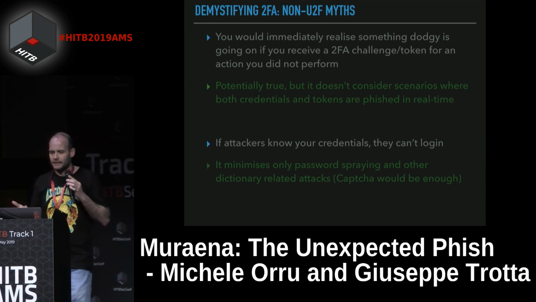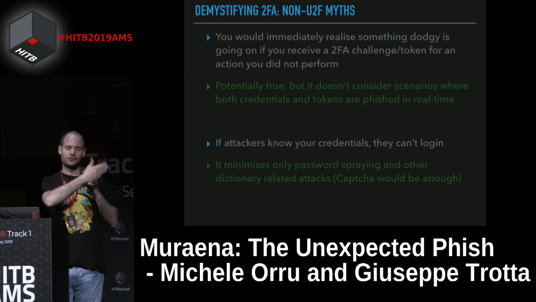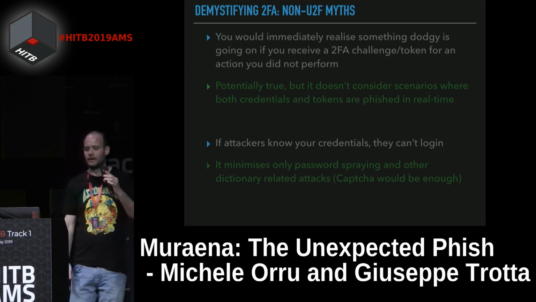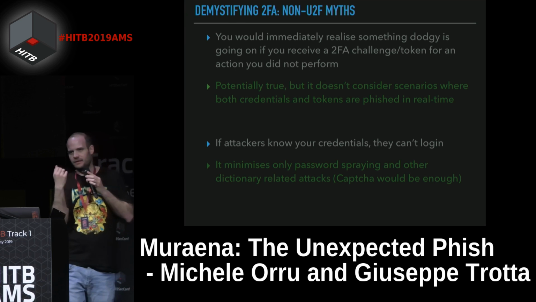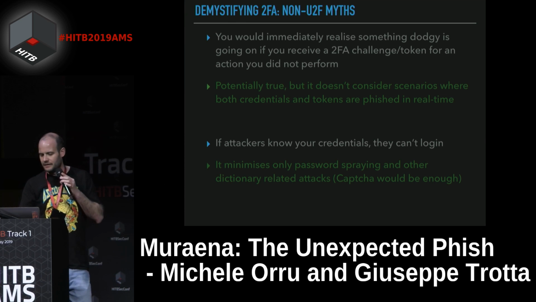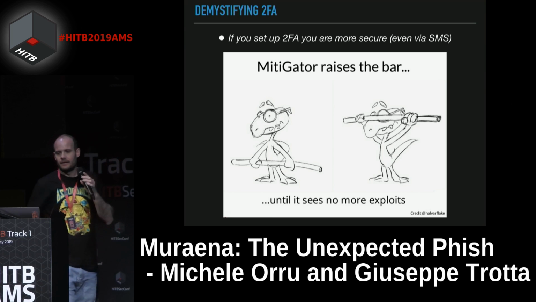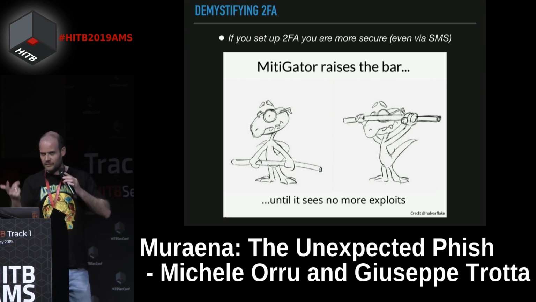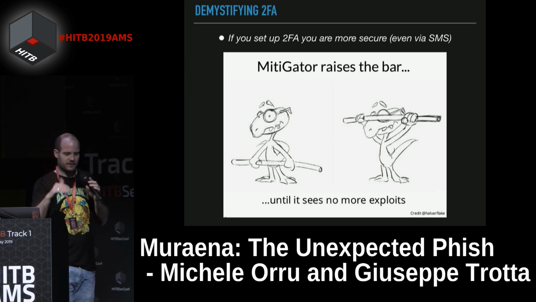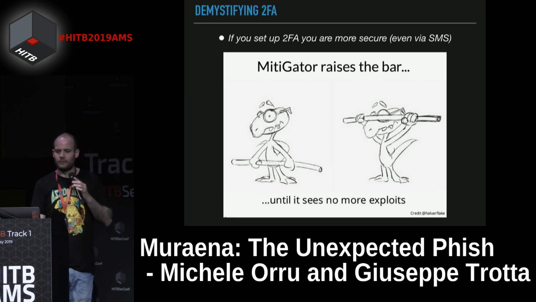But in fact, in situations like the reverse proxy scenarios that we will show, the victim believes that she's interacting with the real origin, so this is not applicable. And also the point about, in general, that we are more secure. Again, we are just raising the bar. We are not fixing the problems.